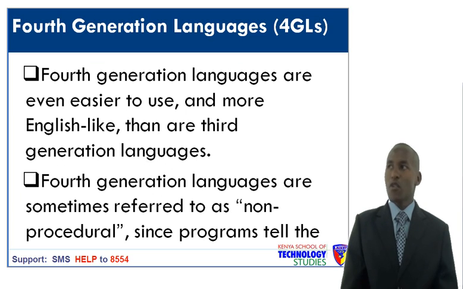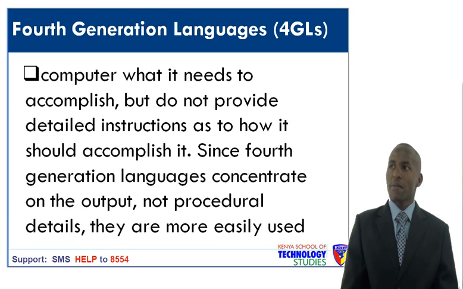Let us now look at fourth generation languages. Fourth generation languages are easier to use and more English-like than are third generation languages. They are sometimes referred to as non-procedural, since programs tell the computer what it needs to accomplish but do not provide detailed instructions as to how it should accomplish it.